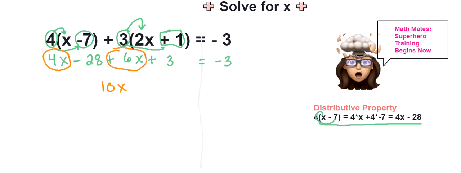We've got a -28, the minus and the negative are the same thing, and a positive 3. If I put those together, I'm going to get -25 equals -3. So -28 plus 3 is -25. Right away, you should realize that the 28 is bigger and it's a negative. So our answer has to be negative there.